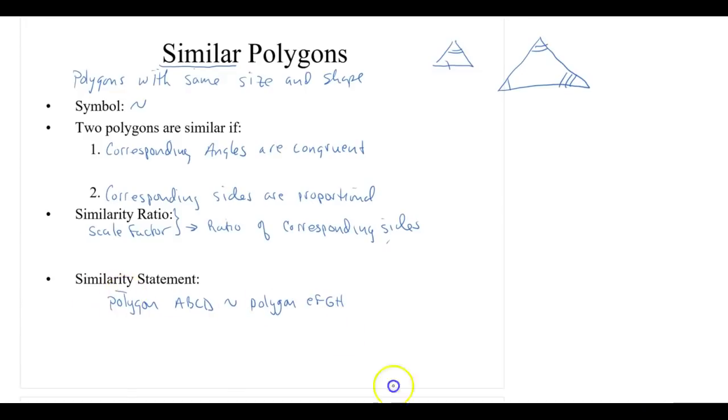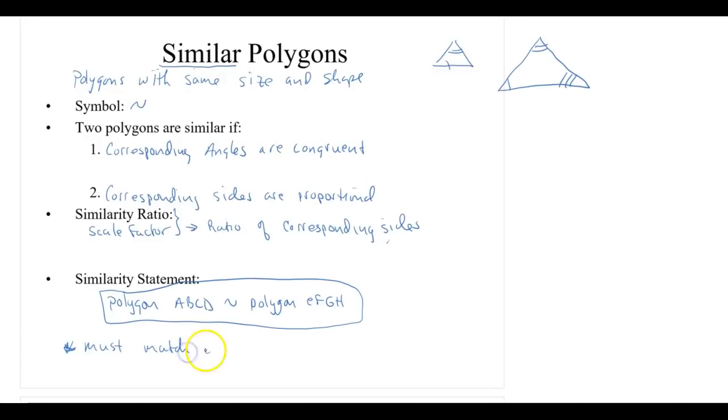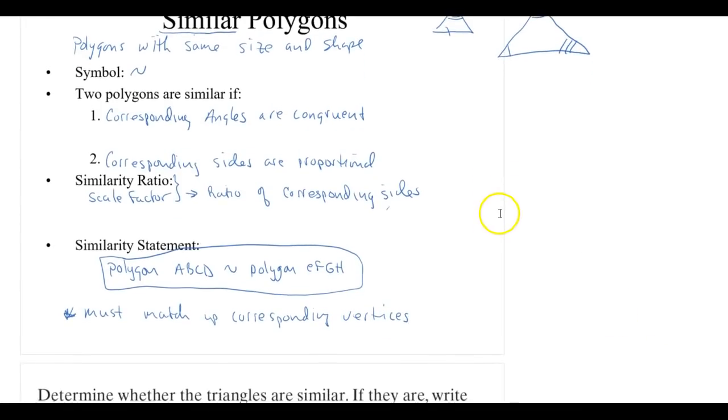This is a similarity statement, and you have to remember, just like congruency, you must match up the corresponding vertices. It's very important to know and understand that.